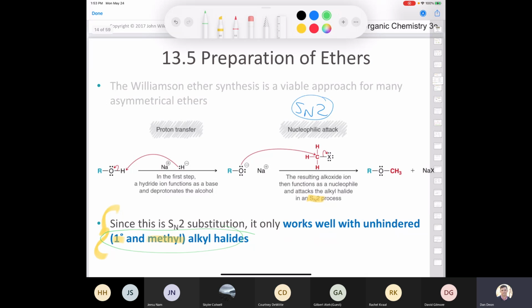Primary and methyl alkyl halides. We could even jot in here, will not work with secondary or tertiary. If you treat it with an alkoxide, a secondary alkyl halide is going to give you mostly E2 and a tiny bit of SN2, whereas a tertiary is going to give you only E2, okay? And again, if you go back to that figure 7.20, you could look at the information there.